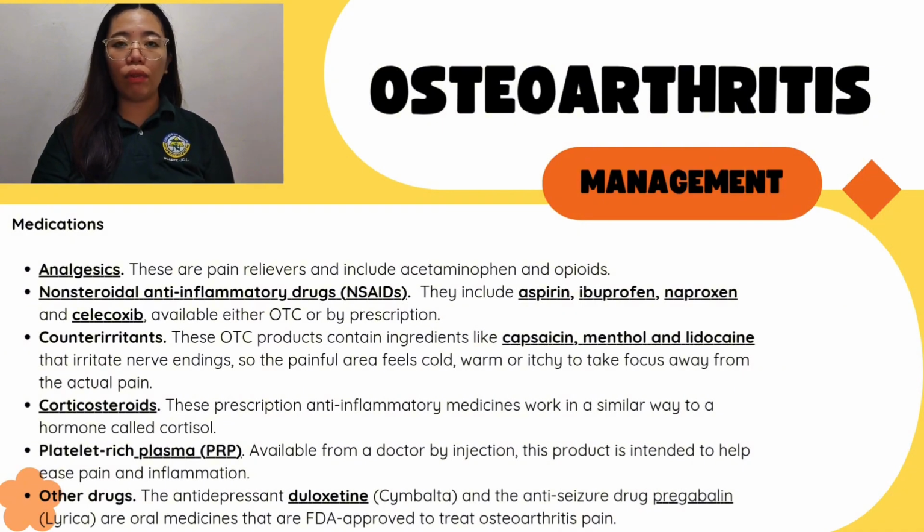Platelet-rich plasma, available from a doctor by injection. This product is intended to help ease pain and inflammation. Other drugs include the antidepressant duloxetine and the anti-seizure drug pregabalin, which are oral medicines that are FDA approved to help treat osteoarthritis pain.